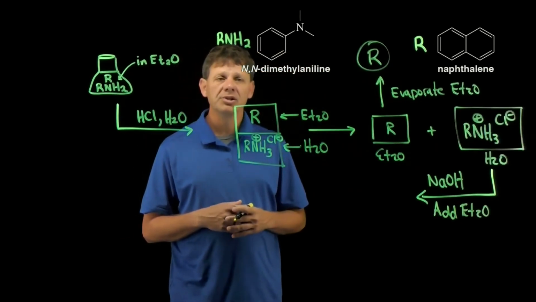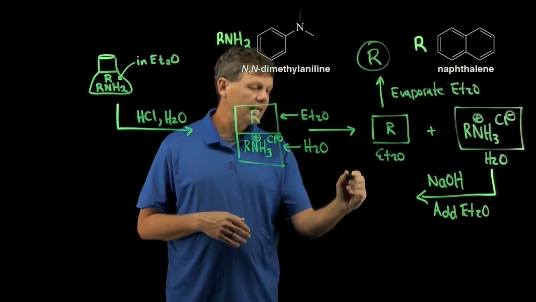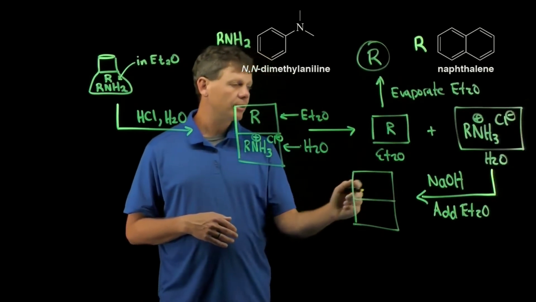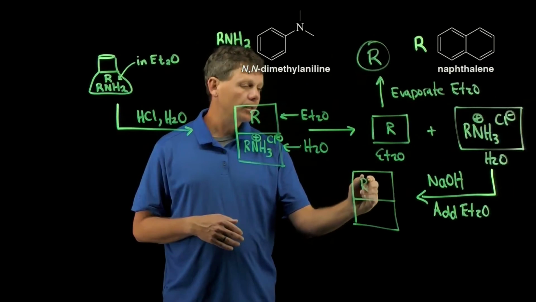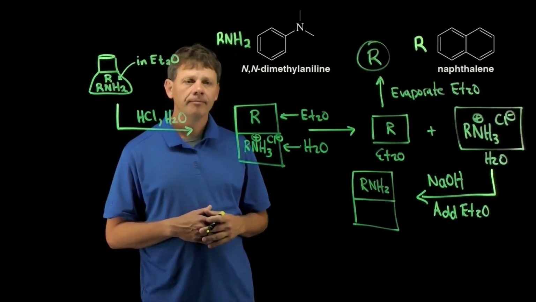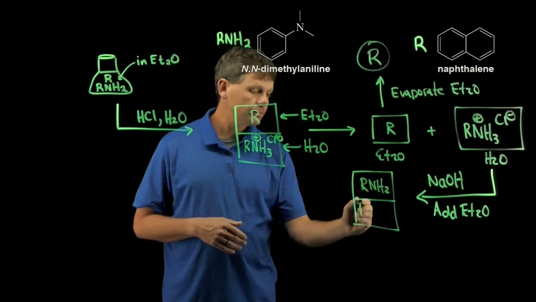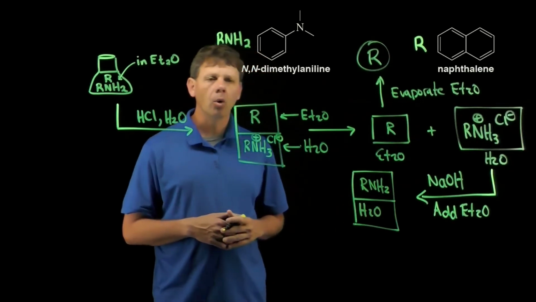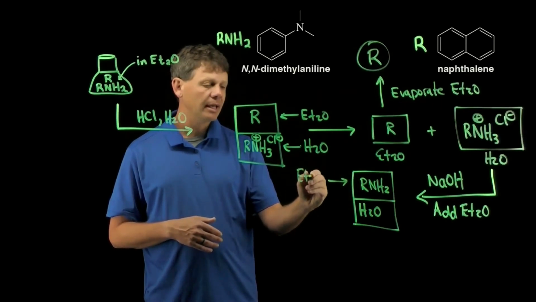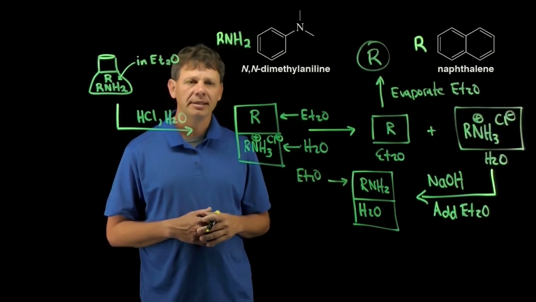Well, that's going to regenerate our neutral amine, giving us, once again, a biphasic mixture where ether is on the top. Our neutral amine will now be in the organic layer, and water will represent only the bottom layer. So this top layer is ether and has the amine dissolved in it.